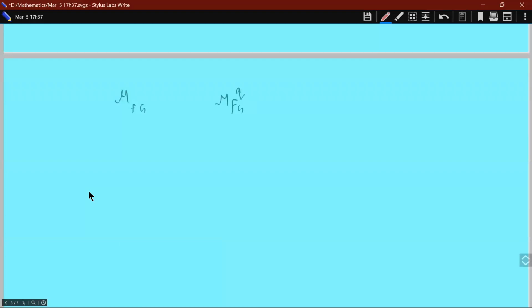So a few things that we will fix for notation.